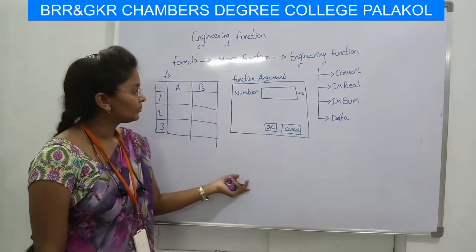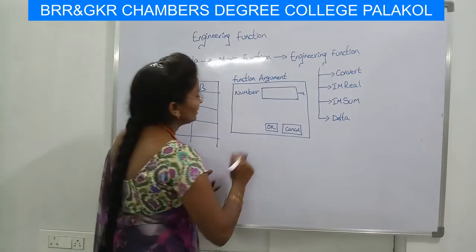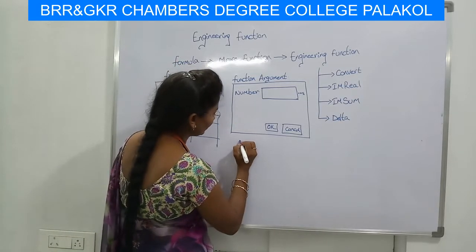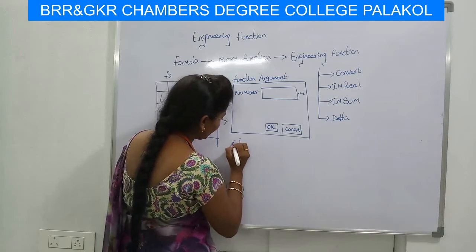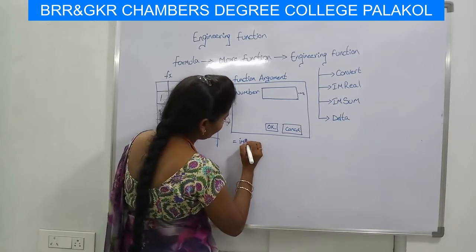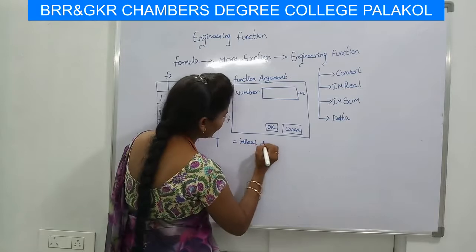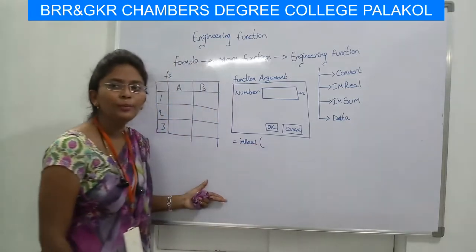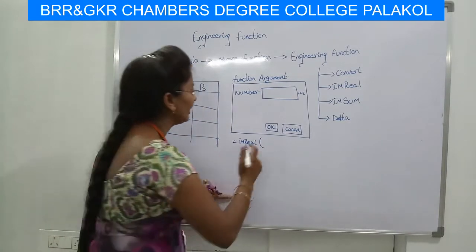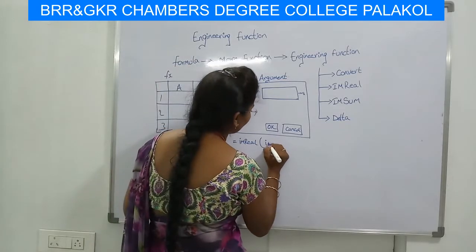And here the syntax for the IMREAL function is equal sign, IMREAL, and in brackets the number, as inumber.